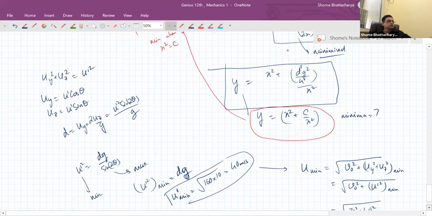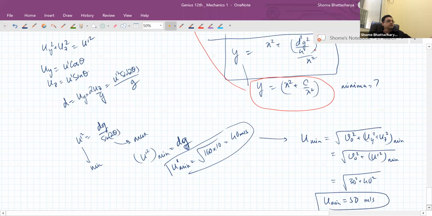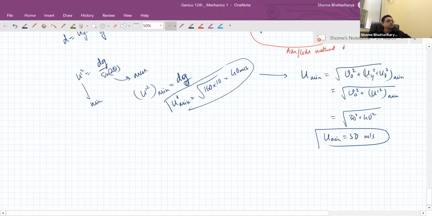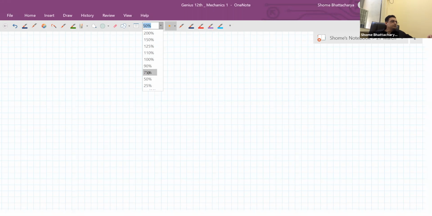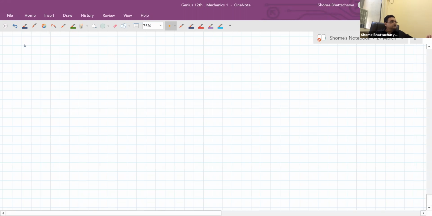So you can use the AM-GM method to find the minimum also. Okay. Anyhow, but all this apart, I'm just going to show you the easier method, that is the projectile motion, the relative motion method.